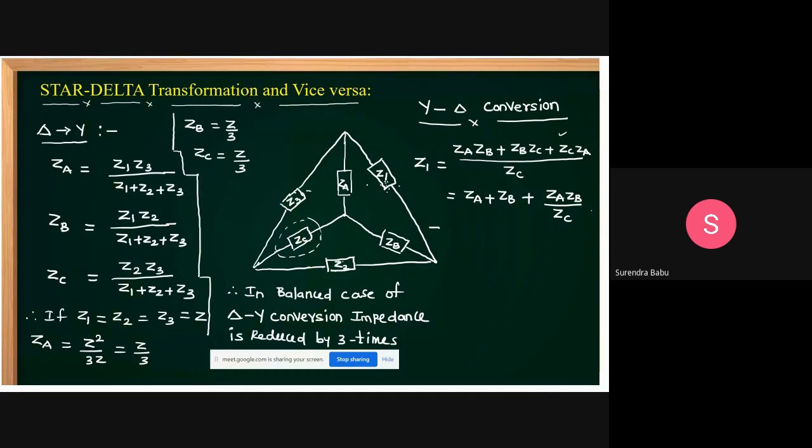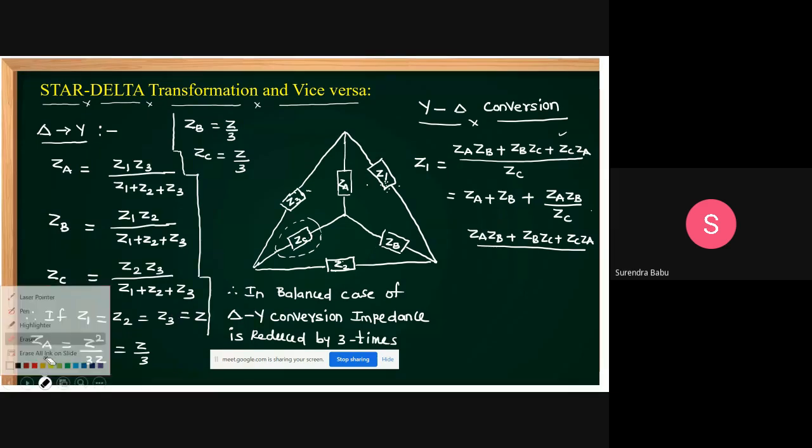Similarly, what is Z2? This is ZA, ZB plus ZB, ZC plus ZC, ZA by... now tell me, students, opposite to Z2, which is there? ZA is there. Then divide with ZA. It's easy to remember.